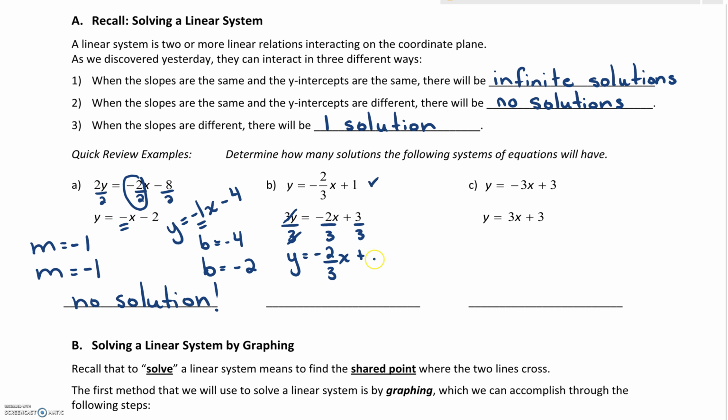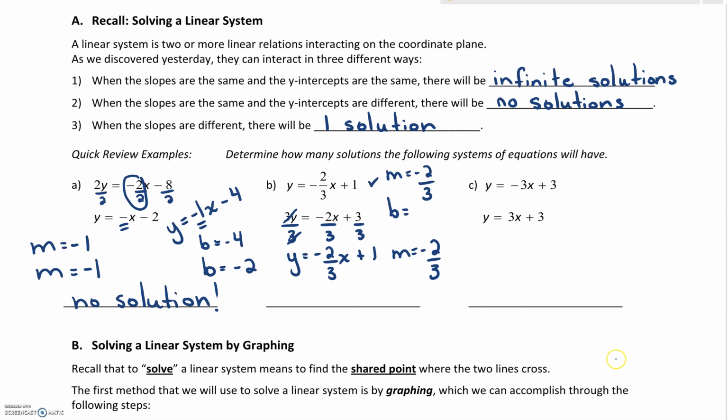And 3 divided by 3 is 1. Since the slope for the first equation is negative 2 over 3, and the slope for the second equation is negative 2 over 3, this might mean that there's no solution since the slopes are the same, but remember that you have to keep looking for the y-intercepts.